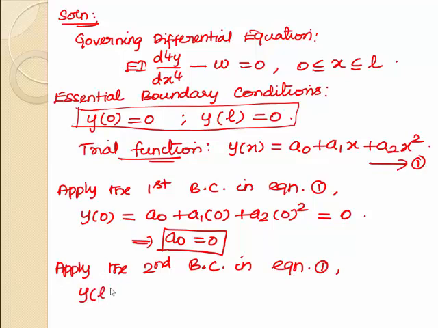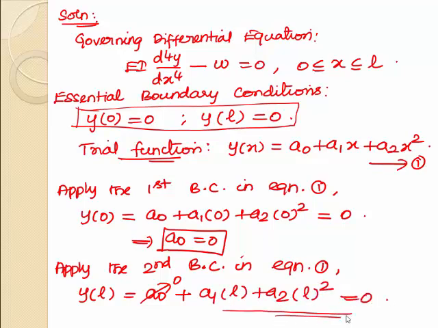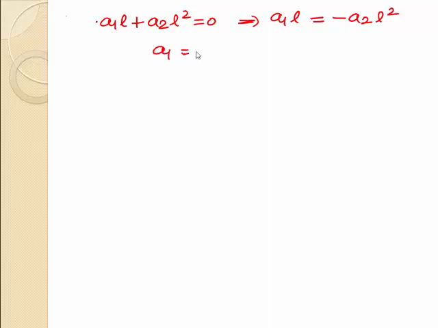So y of L is equal to a0, which in the previous step has been calculated as 0, plus a1 into L plus a2 into L square is equal to 0. So a1 L plus a2 L square is equal to 0. That gives a1 L is equal to minus a2 L square, so a1 is equal to minus a2 L.